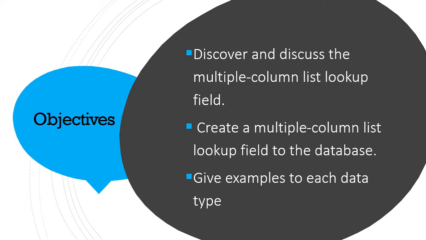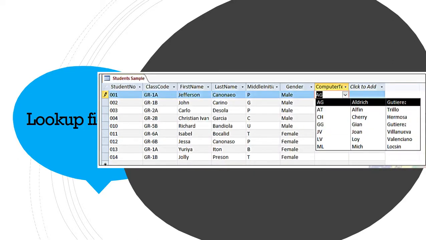Okay, to better understand the multiple column list, what will be our expected output after this demonstration? After this demonstration, your database table should look like this one. In our past discussion videos, week number 7, day number 1 and day number 2, we created a lookup field which contains only one column.